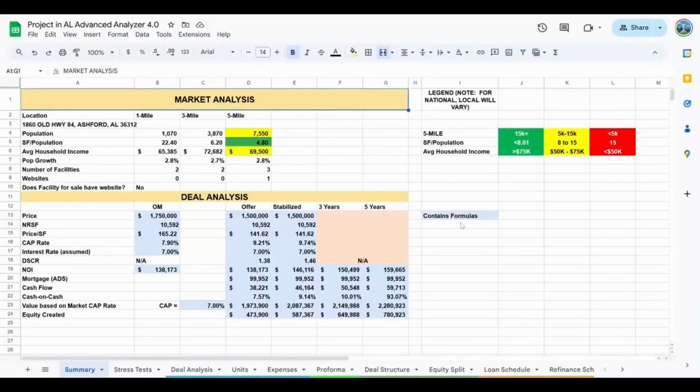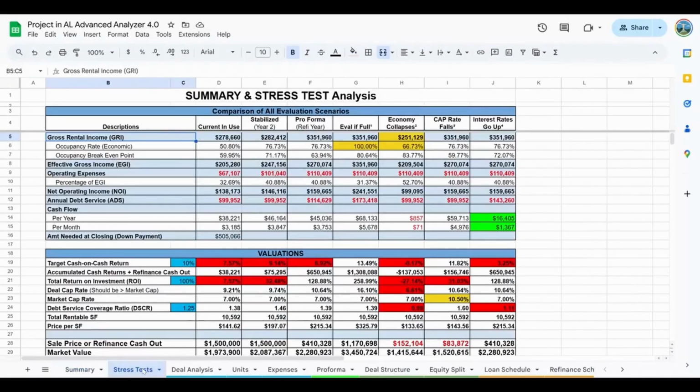So once you have all your numbers entered in, you'll want to test your facility to see how it performs under different economic situations. So we come down here to our stress test tab. And the main focus you'll be looking at is these upper two sections: the comparison of all evaluation scenarios and all the valuations.